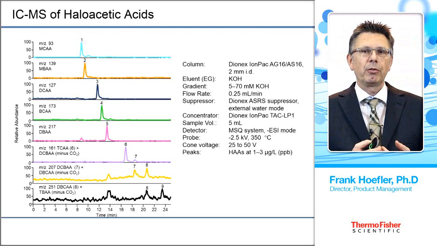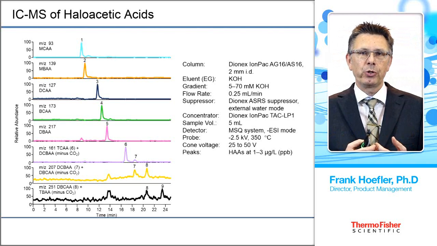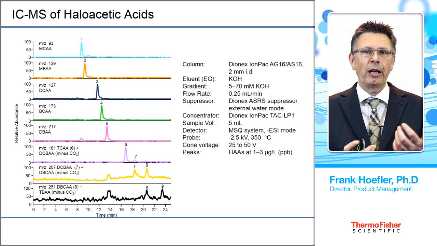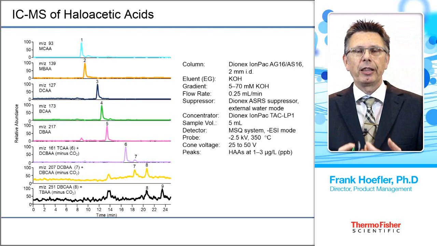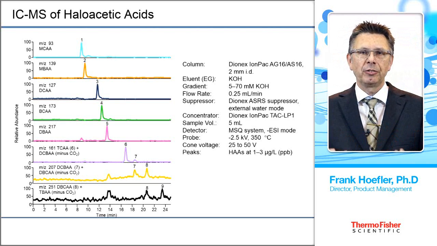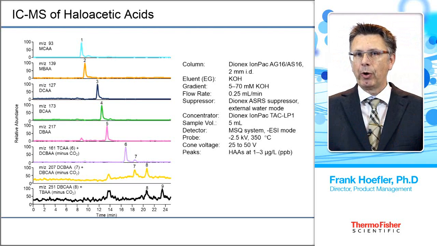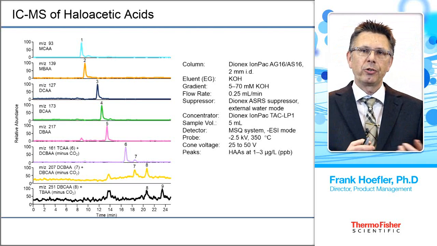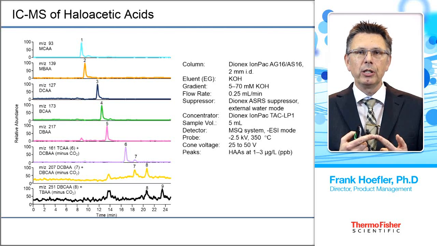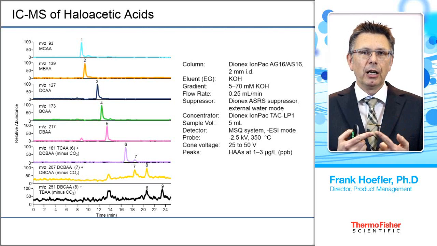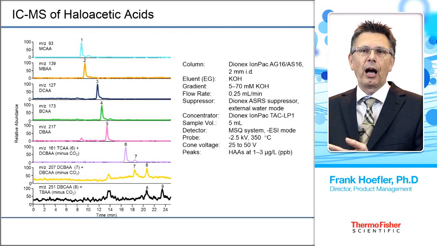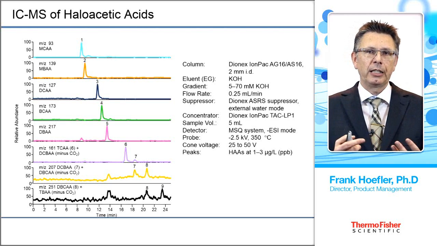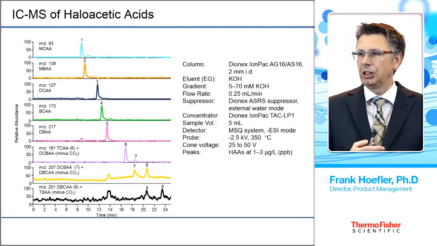In the past, most commonly GC was used, GC-MS or GC with electron capture detection, but that required manual derivatization of the analytes. So if someone wants to analyze the haloacetic acids directly, because the derivatization can be error-prone, is a relatively difficult technique which needs skilled operators, then IC with mass spec detection is the right technology here.